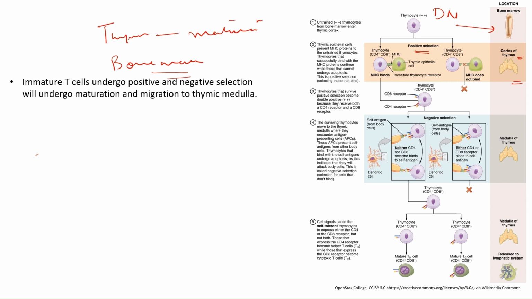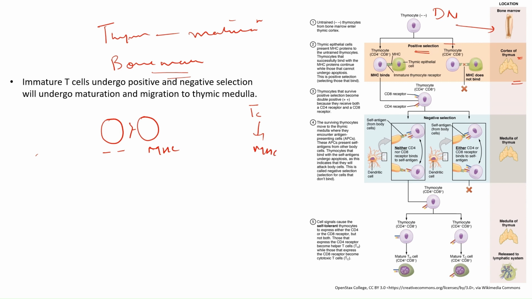So now coming to the cortex of the thymus. Here what is happening? Positive selection. How is positive selection happening? The T cell is double negative now. In the cortex of the thymus, they get the opportunity to bind with MHC, the cells that contain the MHC marker. Because these are T cells, they should have the property to bind with MHC, either class 1 or class 2.